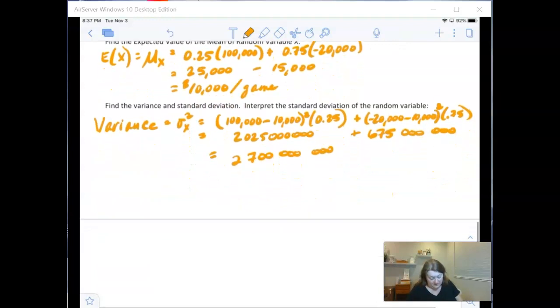And then if I want to go all the way down to standard deviation, take the square root of that, and I'll get, give or take, $51,961.52. So that is my typical spread from the mean.